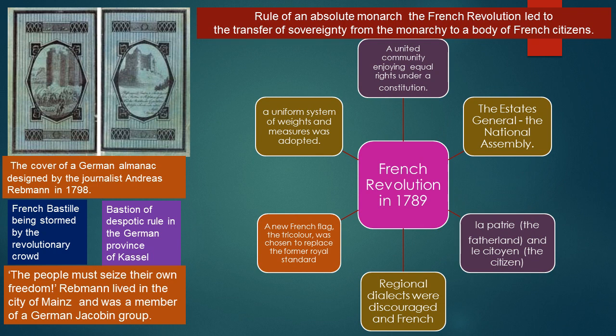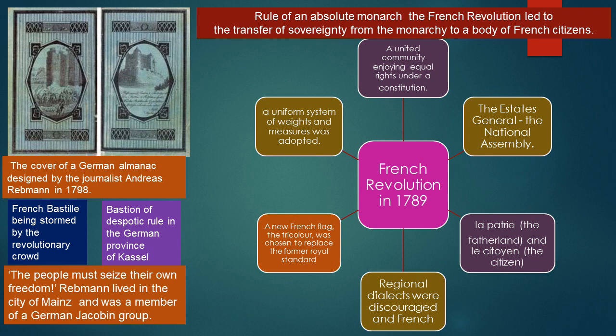The ideas of la patrie, the fatherland, and le citoyen, the citizen, emphasized the notion of a united community enjoying equal rights under a constitution. The Estates General was now renamed the National Assembly.